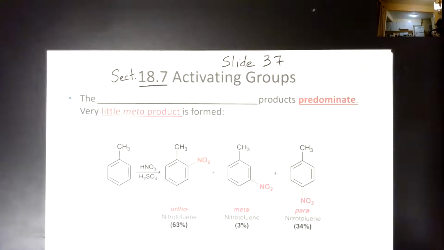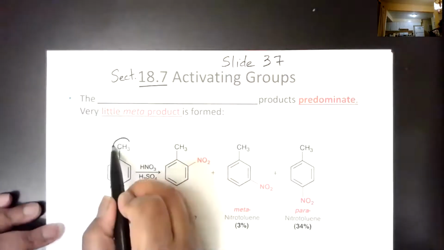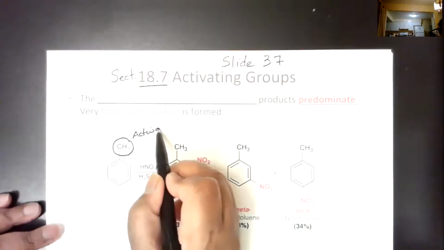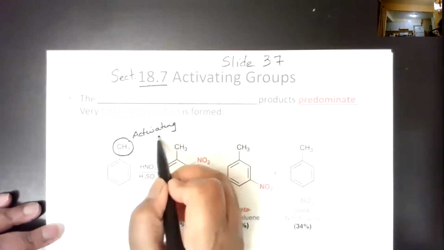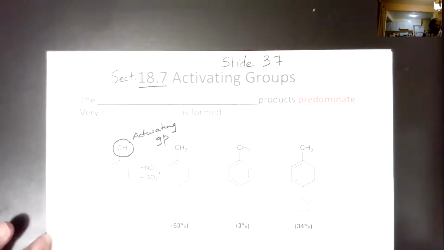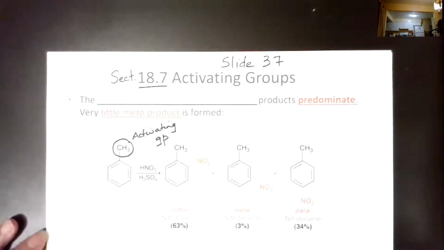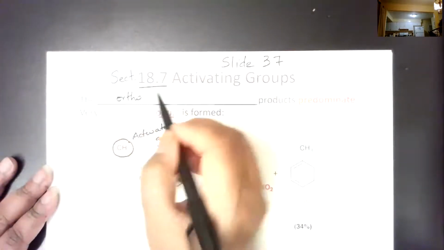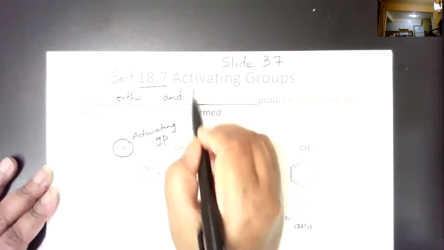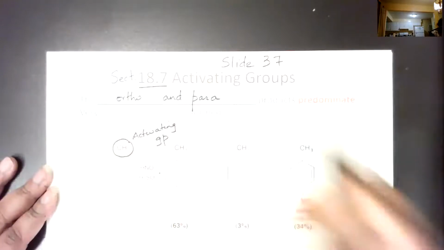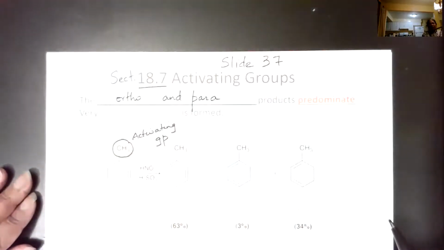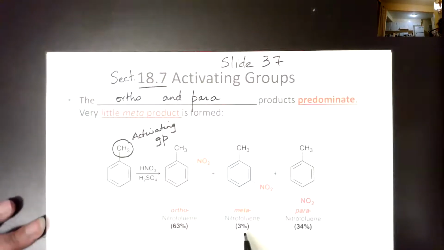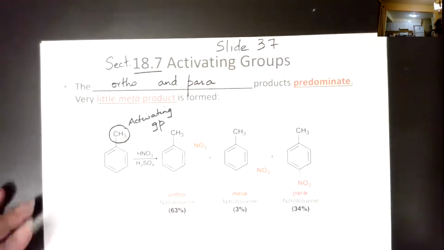So when you have a group like CH3, we call that an activating group. And in this case, the products are mostly ortho and para. These products predominate, which means that's what you'd have more of, and very little of the meta.